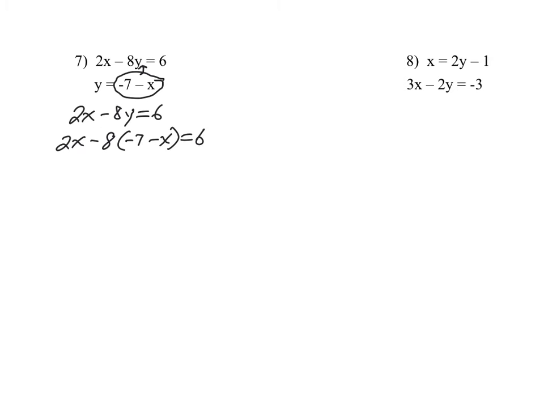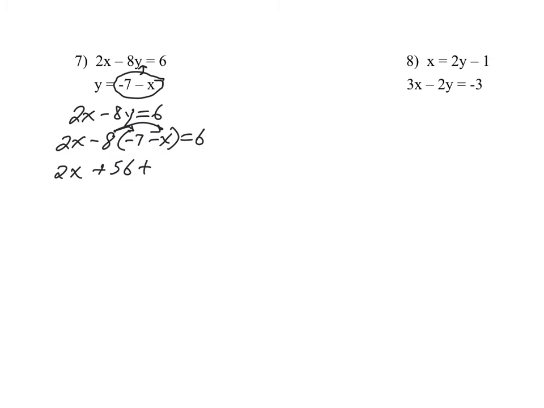You could switch around the negative x and the negative 7. It makes no difference. But we're distributing. Anytime we see a set of parentheses, that's what we need to think. So I have 2x plus, negative times negative, 8 times 7 is 56.